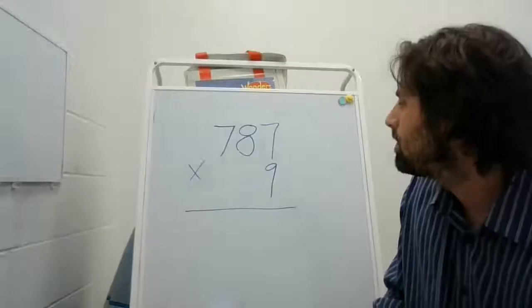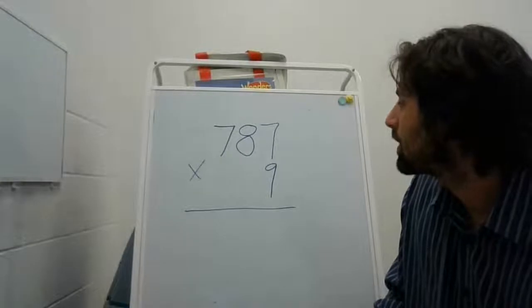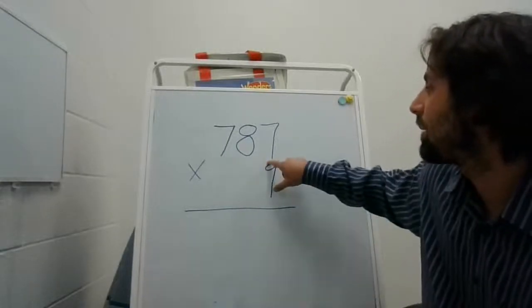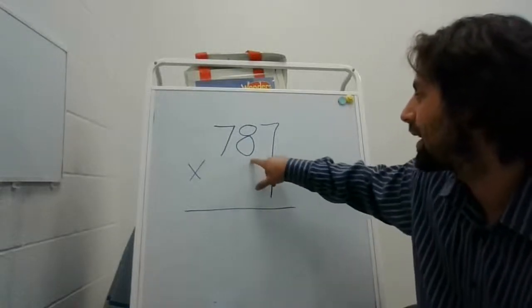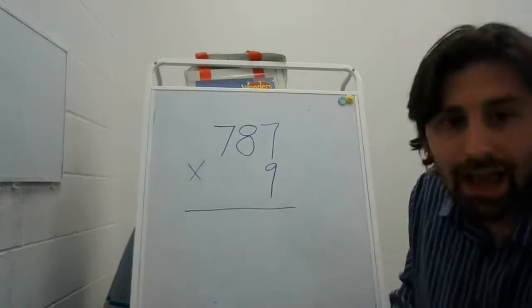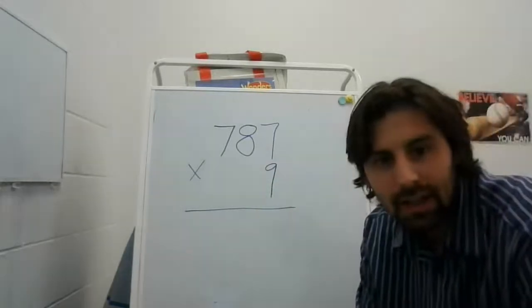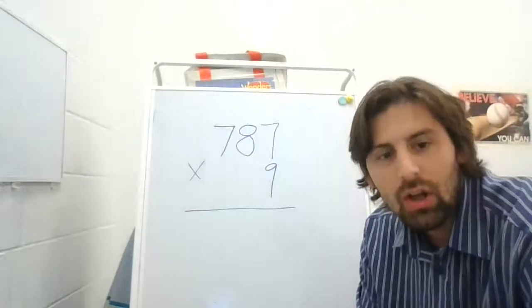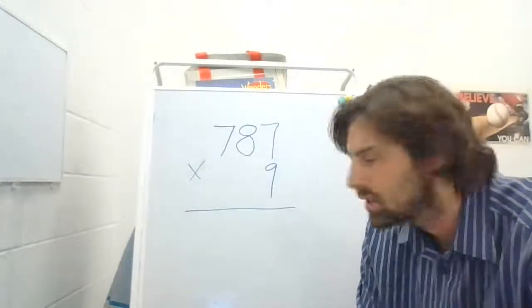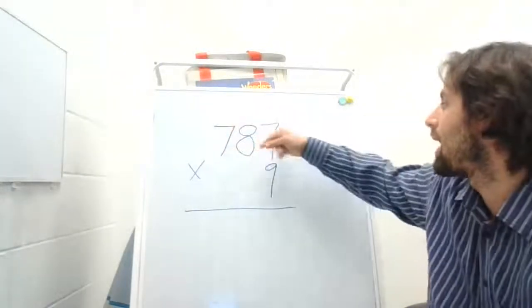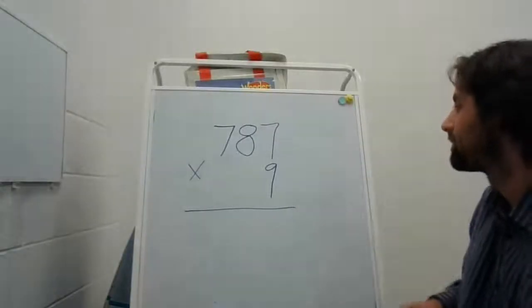So what you do, you simply multiply each of the numbers on top by the number on the bottom. So you're going to multiply each of these digits by 9. And just like addition and subtraction, you always start with the number that is in the ones place. So we're going to start out by multiplying 7 times 9.